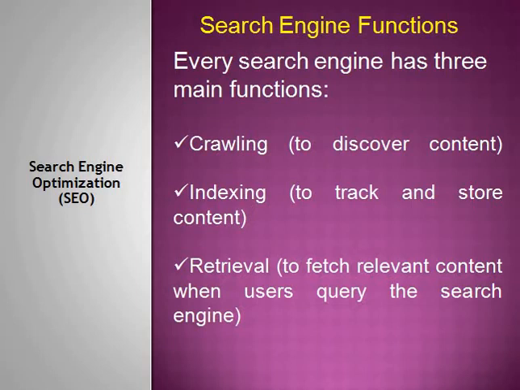Of course, they have different programs. Google has different Googlebots for crawling and indexing. Yahoo has different bots and spiders. But the method is similar. They are quite different in the retrieval and ranking process, the third process.